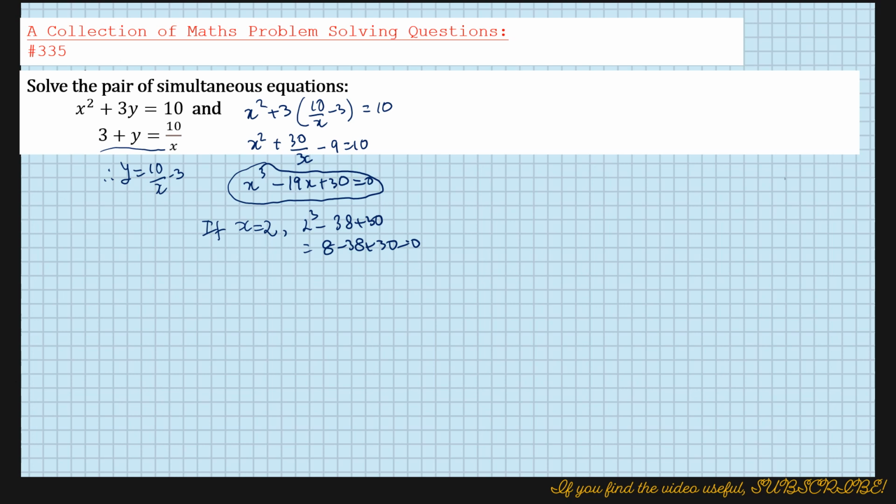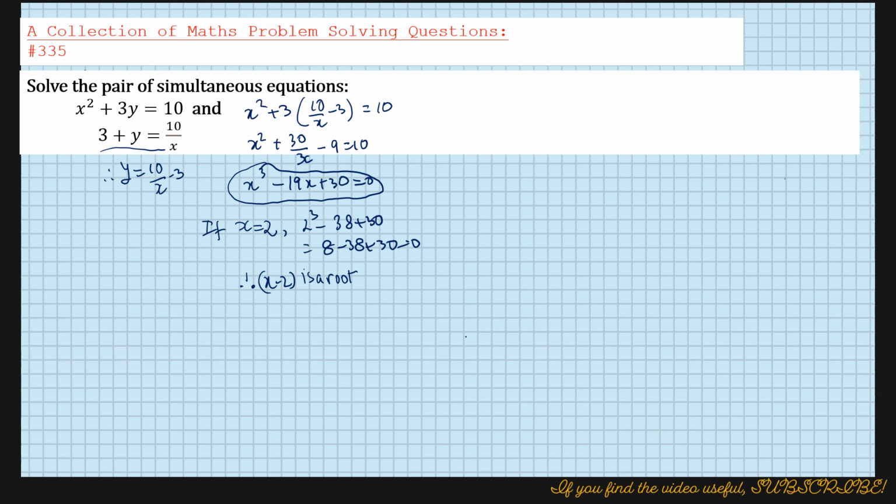So x equals 2 satisfies this equation. Therefore, x minus 2 is a root of this polynomial.